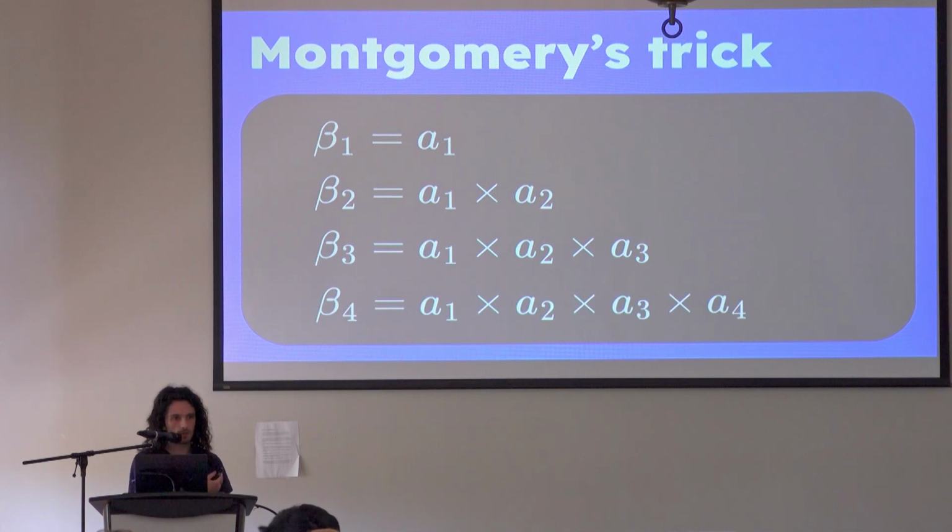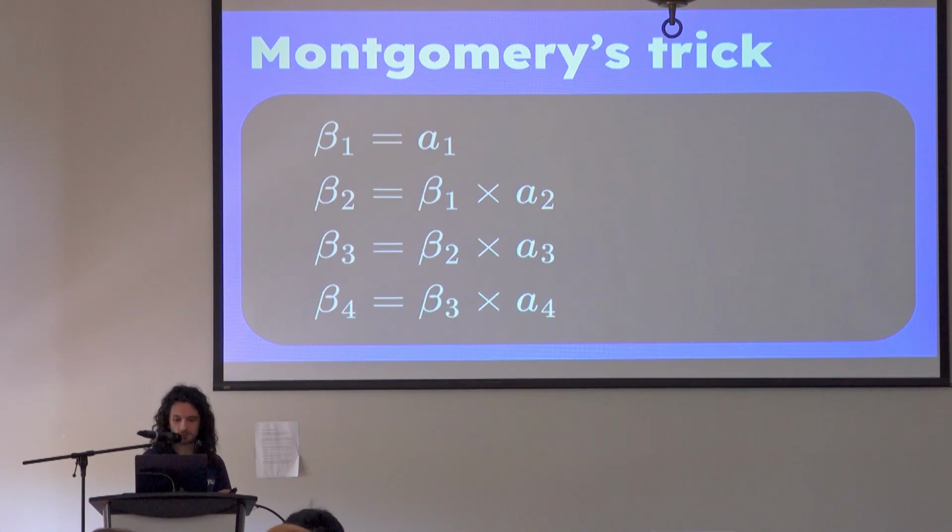I'll refer to these as either accumulated or partial products. And just for completeness, there's a more efficient way of doing this, which is using the previous accumulated product to save some multiplications. But at the end of the day, calculating beta 4 takes the same time either way, but you save some computations.